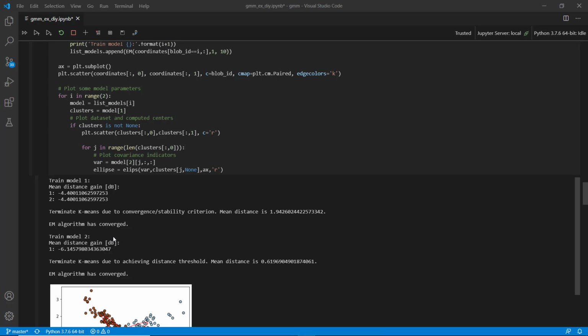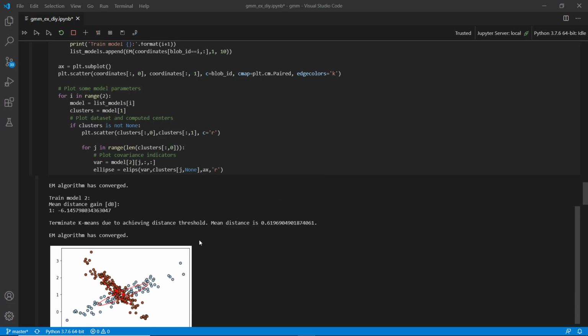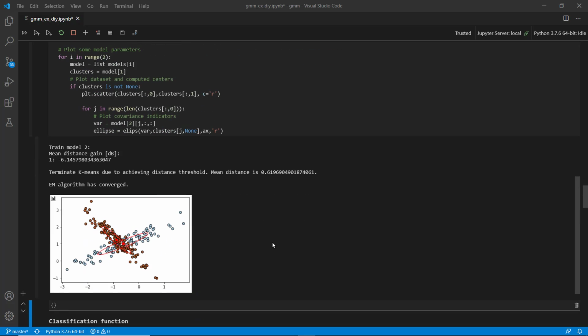And when we look at the plot, the red dots here are the centers, the means of the Gaussian mixture models. Here I also gave each Gaussian mixture model one Gaussian, so it's not necessarily a mixture, but we've estimated everything according to the EM algorithm.